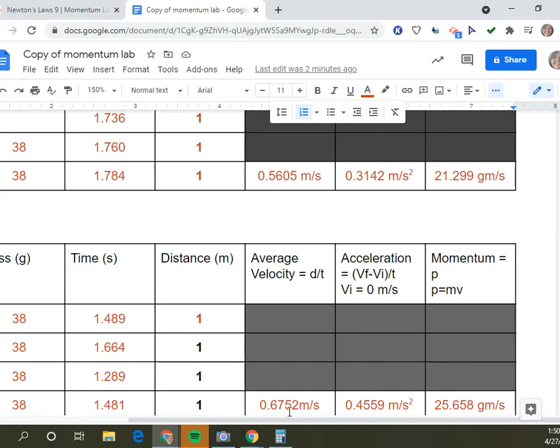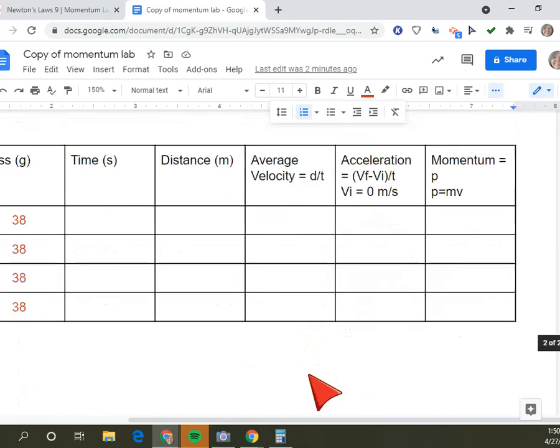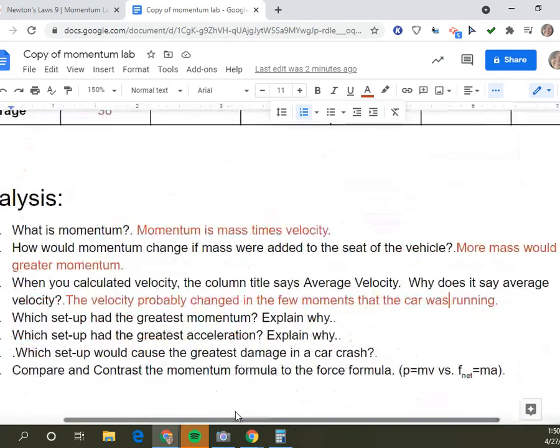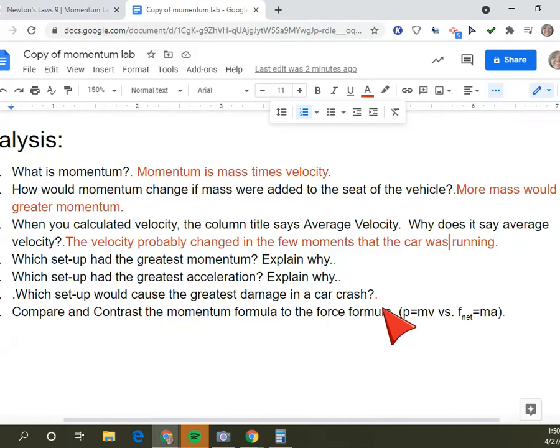When we go faster, we create more force, so we're going to create more damage, because that greater force can overcome more opposing forces. Go ahead and answer that in your own words. If we have a greater momentum, a greater mass, or a greater velocity, we're going to cause more damage. I'll give you a couple of minutes to answer that part.